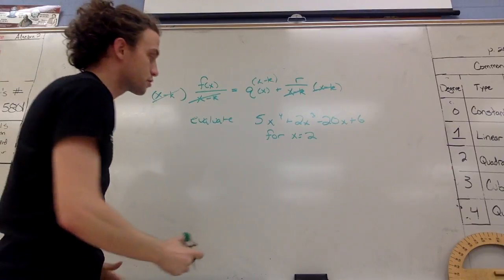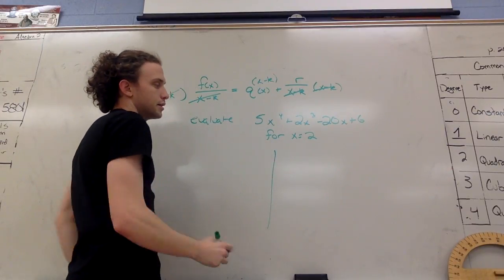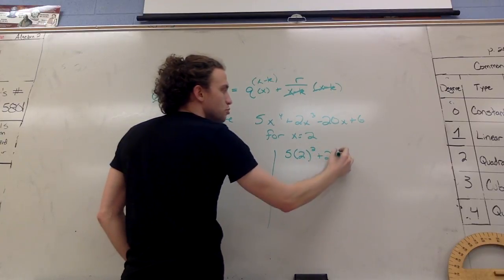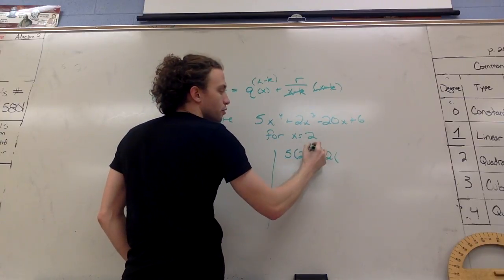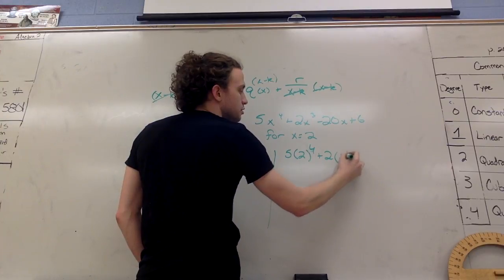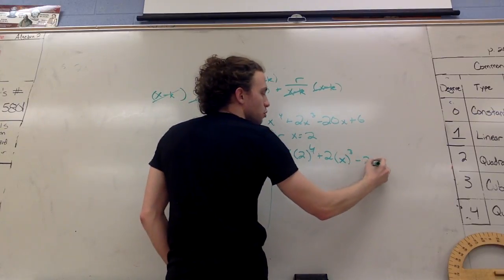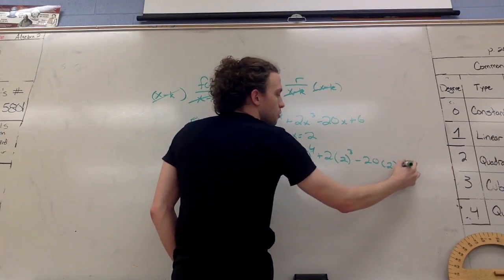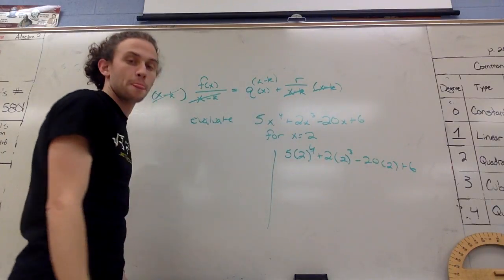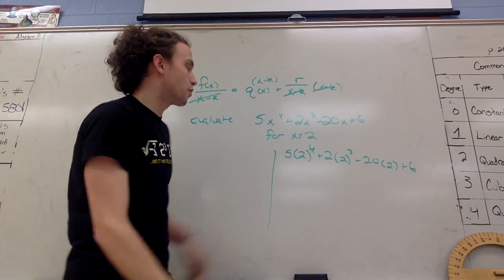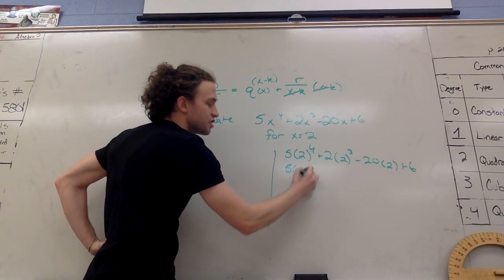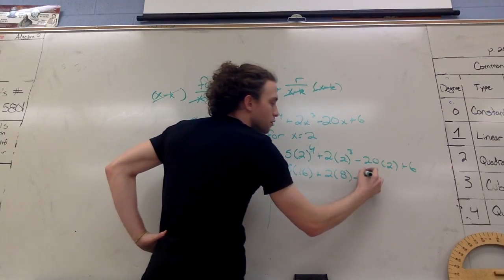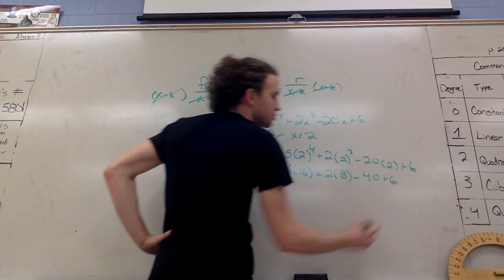I'm going to plug it in by hand first and say, okay, I have 5 times 2 to the 4th plus 2 times 2 cubed minus 20 times 2 plus 6. Okay, then I have to say 2 to the 4th. This is going to be 5 times 16 plus 2 times 8 minus 40 plus 6.